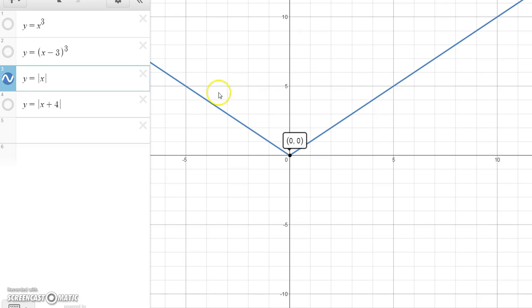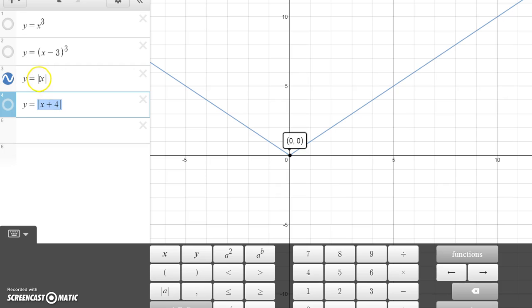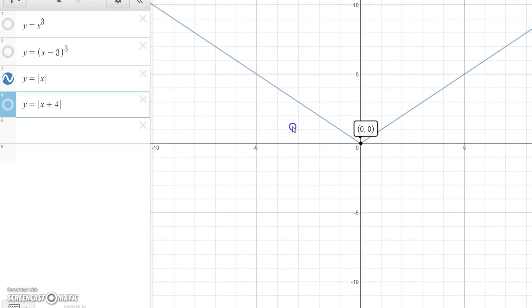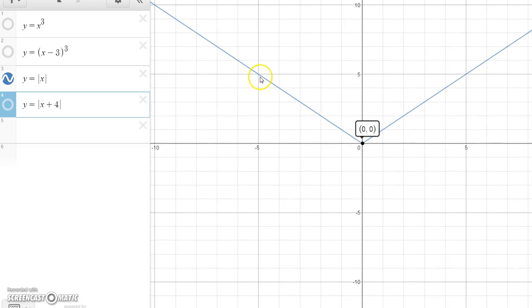Now, this right here is telling me, since I've got that function with x replaced with x plus 4, then to get this graph, I've got to shift it 4 units to the left to counteract that. So what's going to happen is this point right here is going to move 1, 2, 3, 4 to here.